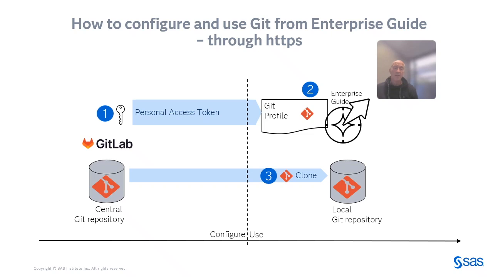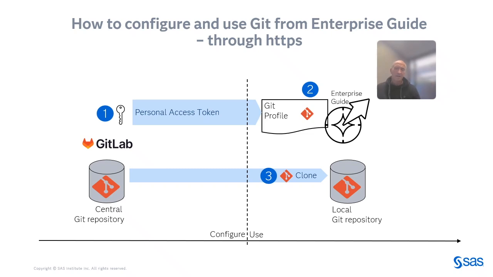Then you go into GitLab, and on the project, on the repository, there is a blue code button on the right-hand side. You hit that one and you will be presented with a copy button next to HTTPS clone. You just hit that one and you paste that into this profile window in Enterprise Guide and hit clone.